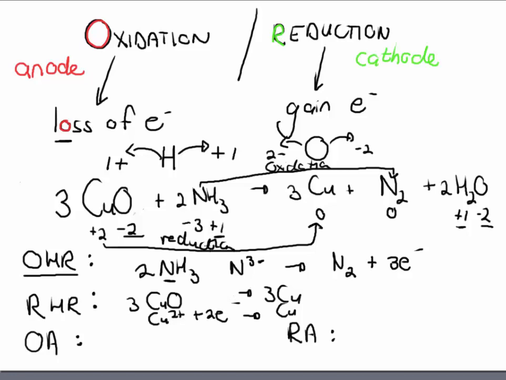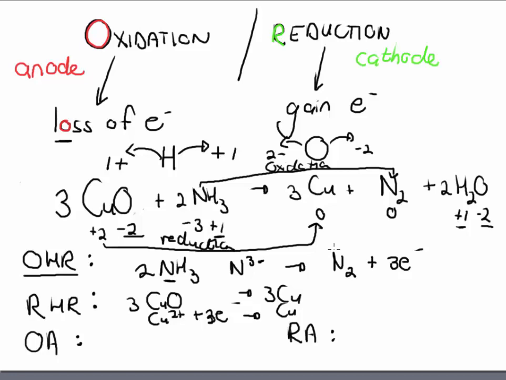Now, we're not too concerned about the electron balancing at the moment. What I want you to see here is that in the oxidation half reaction, we see the release of electrons, and in the reduction half reaction, we see the gain of electrons. If we were to balance this, it would have given us 3 electrons, and we can balance that, of course, when we're done. That's not the point, though, at the moment. We are looking at oxidation half reaction and reduction half reaction.